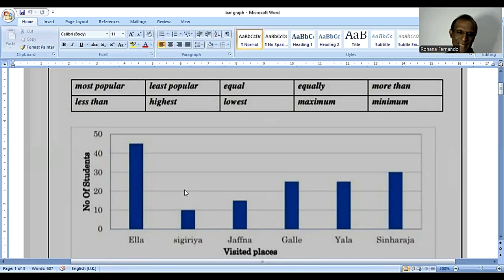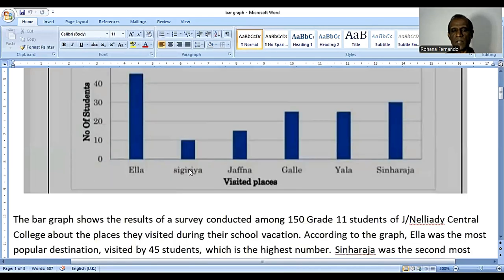Therefore, I'll be paying attention mainly to the content paragraph, that means the paragraph that interprets the data in the diagram. Because the axis, x-axis, y-axis, all these are self-explanatory, and you can easily write those things.